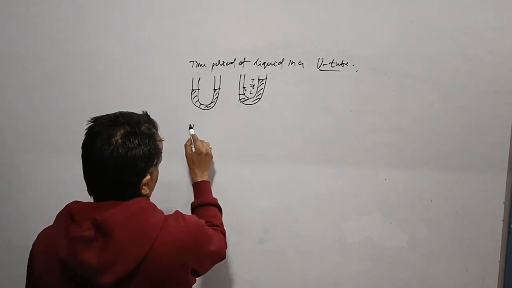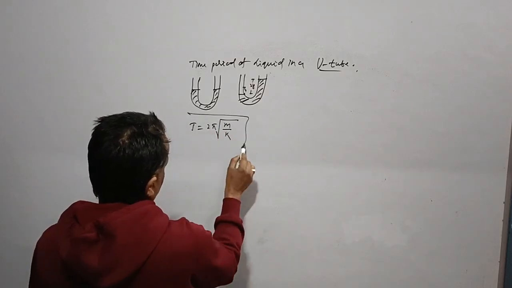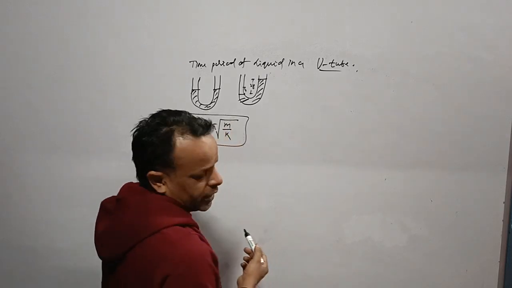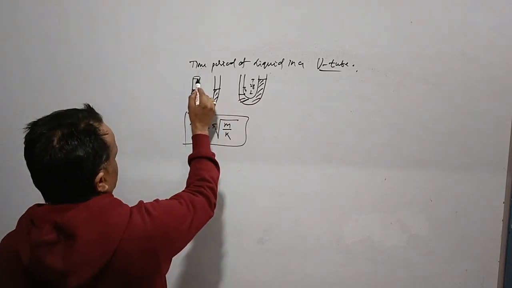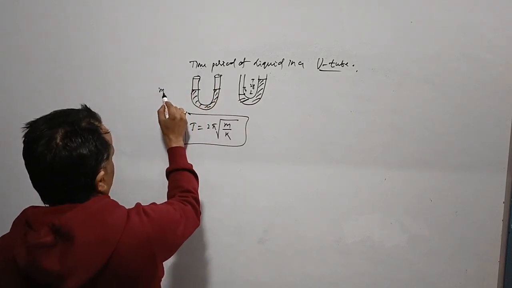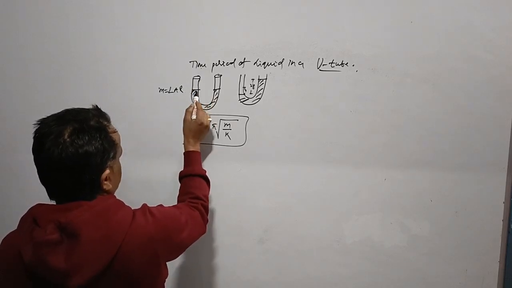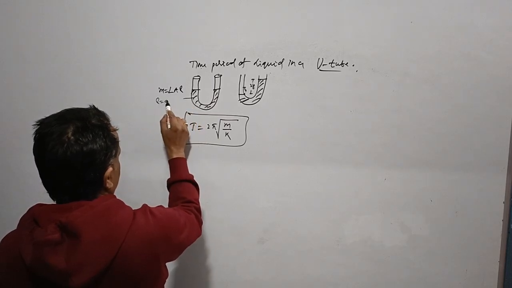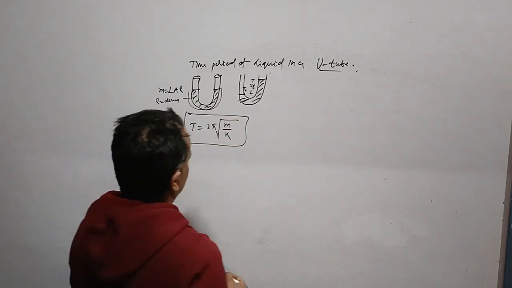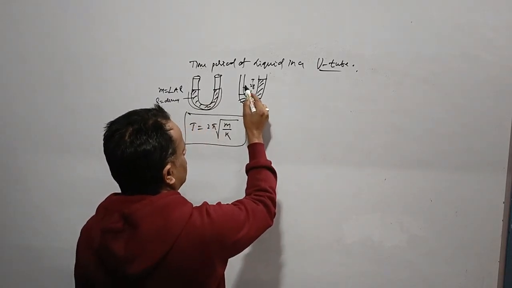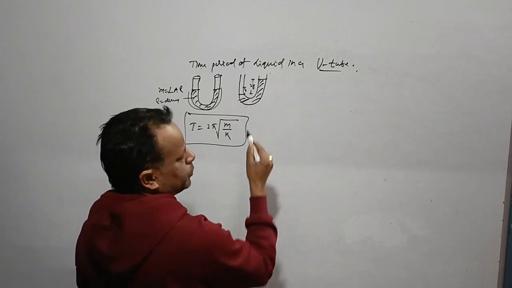As we know, time period is 2 pi root over m by k. M is the mass of the liquid. Let A be the area of cross section of the tube. Mass will be L into A into rho, where rho is the density of the fluid and L is the length of the liquid column in the tube. We applied air pressure, due to which the level has differed by 2y.